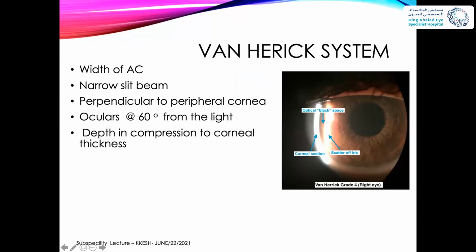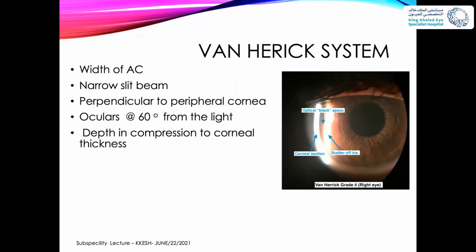You can use whatever system you feel like. The Van Herick is also maybe a more convenient evaluation on days that are very busy, because its utilization is very simple and it can be done almost daily.